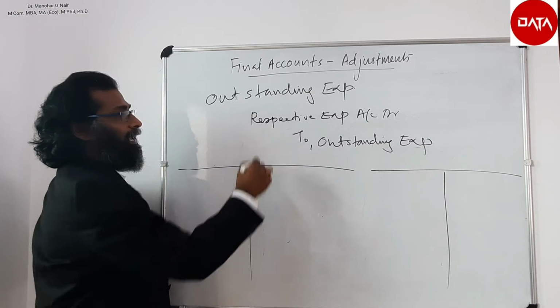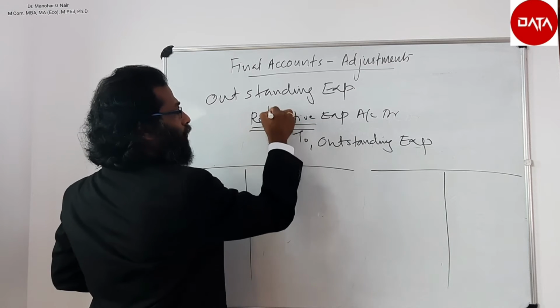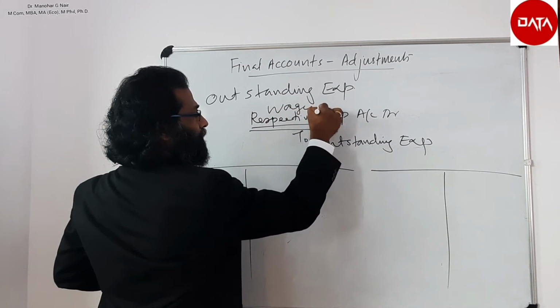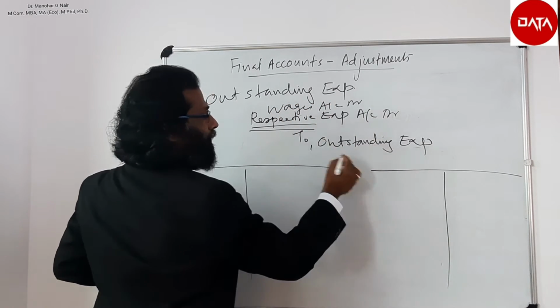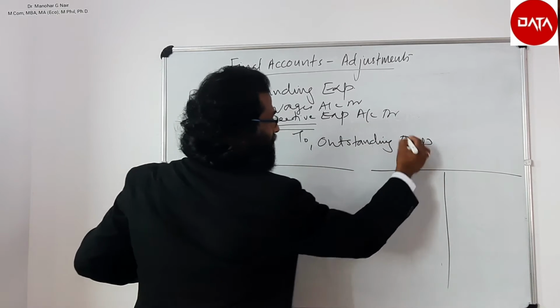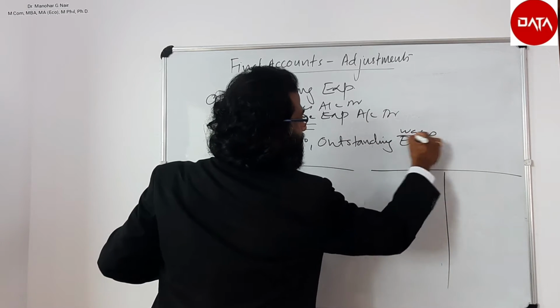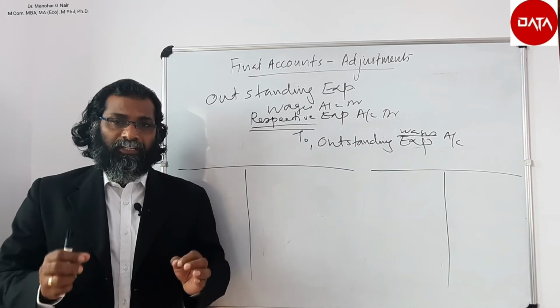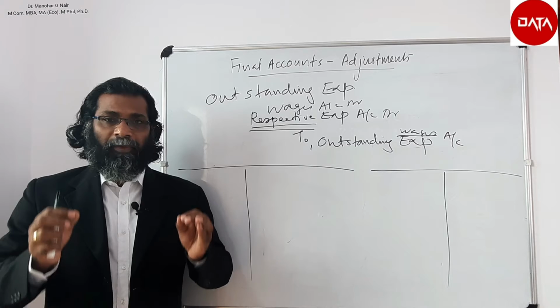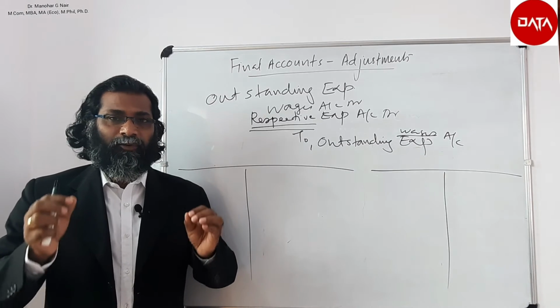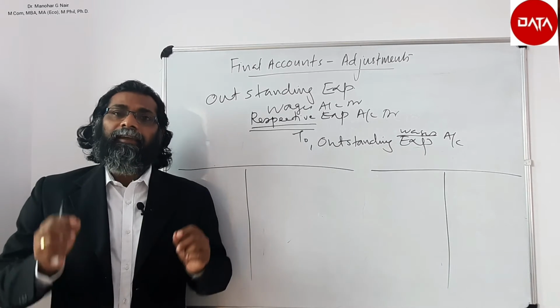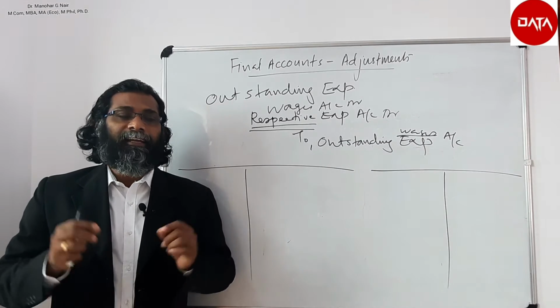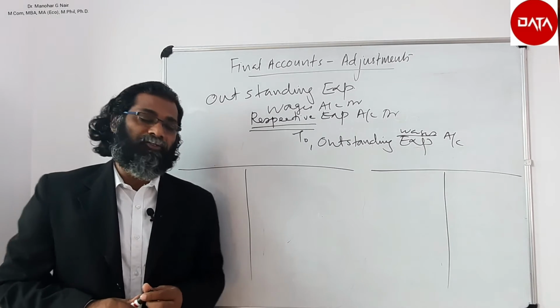Say for example, if it is wages, wages account debit to outstanding wages account. So this will be the adjusting entry. Outstanding expenses have to be added along with the respective expenses and written in the liability side of the balance sheet.